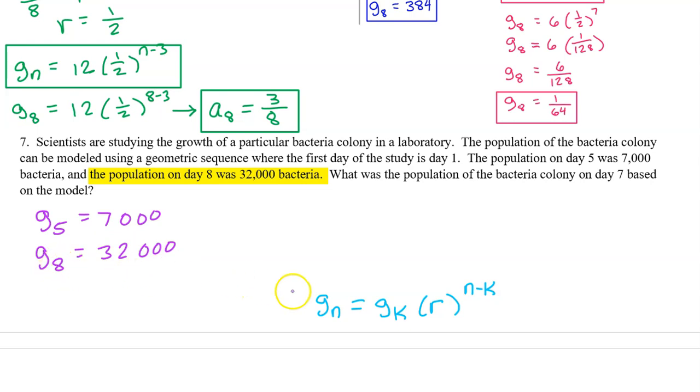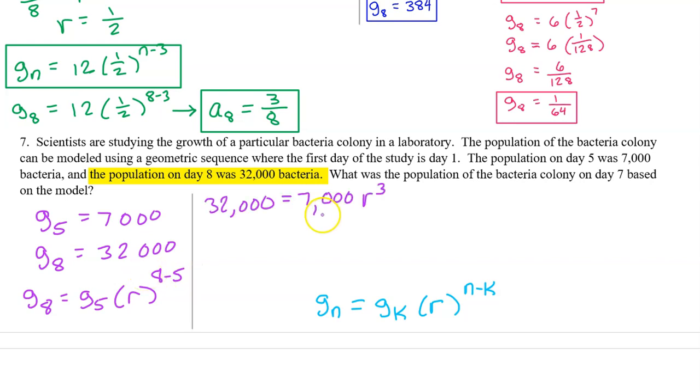Let's put G8 in for Gn and G5 in for Gk. So we get G8 is equal to G5 times R to the 8 minus 5 power. This gives 32,000 equals 7,000 times R to the 3rd power.